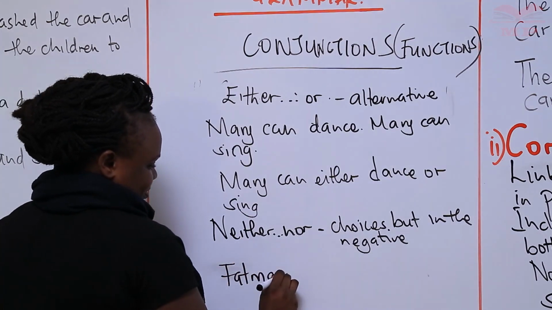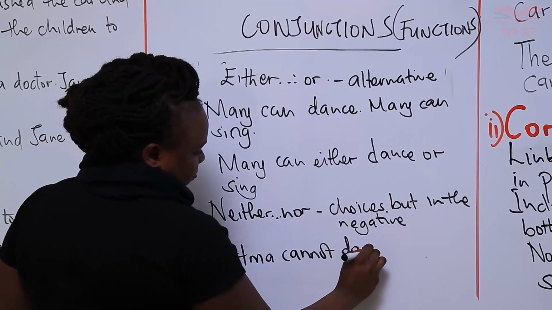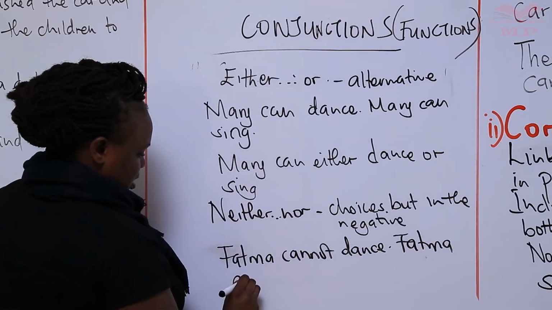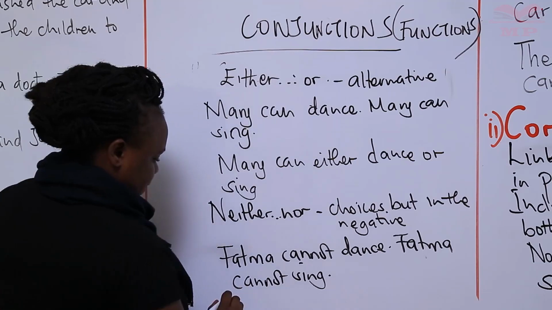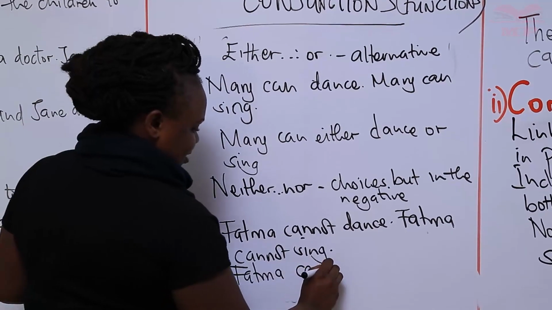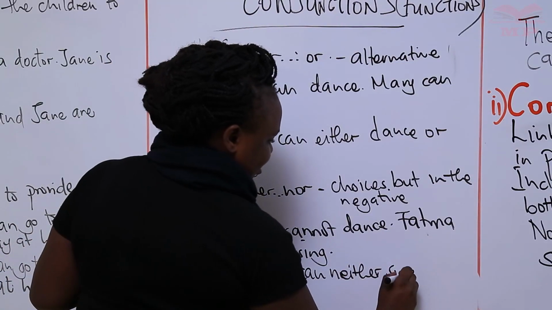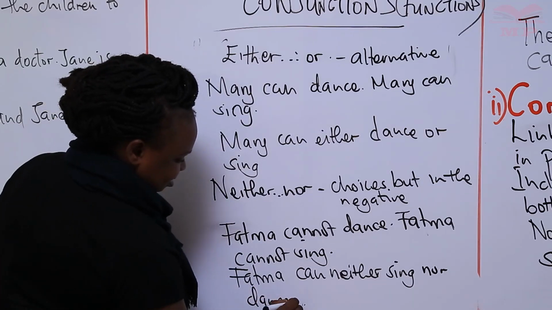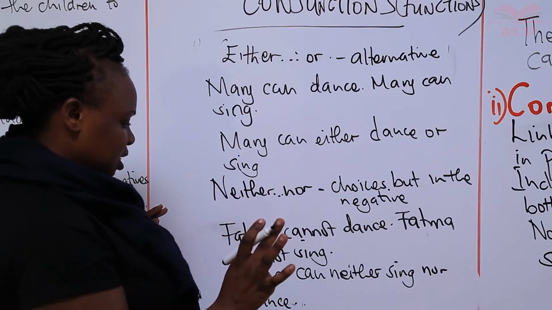Fatma cannot dance. Fatma cannot sing. So Fatma can neither sing nor dance. So it gives alternatives, but in the negative, none of it can happen.